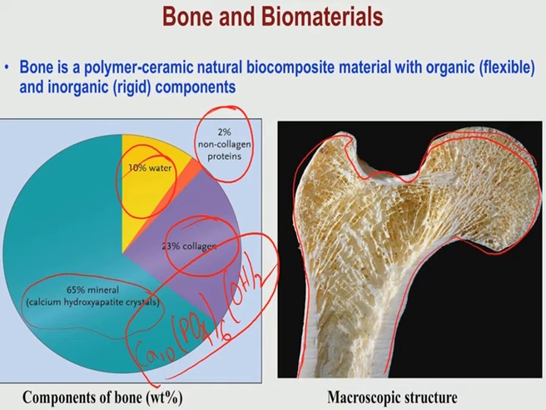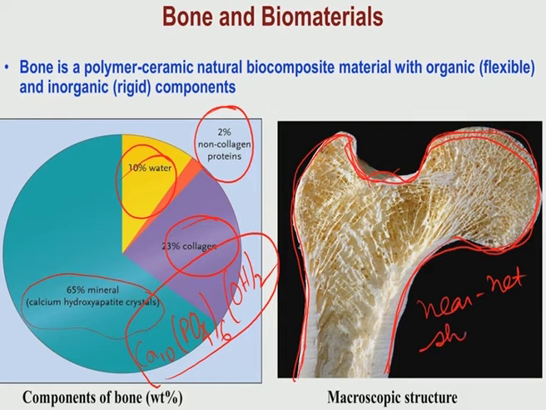In fact, it has a very non-uniform shape and size. Therefore, any material you would like to use to replace a full bone structure should have sufficient machinability, so that you can shape this material to a particular shape. So, one thing that one can address is near net shape processing.